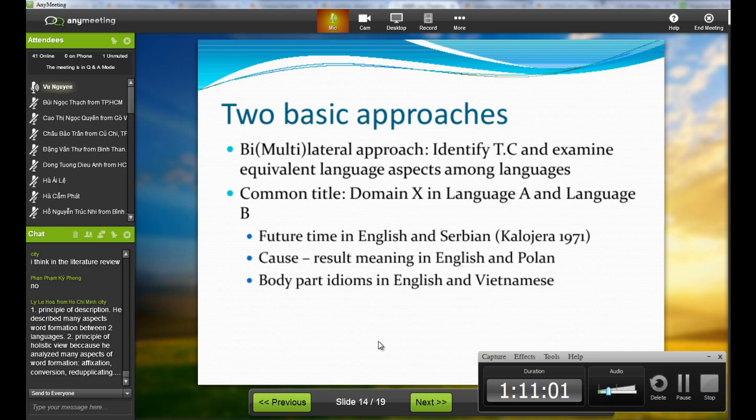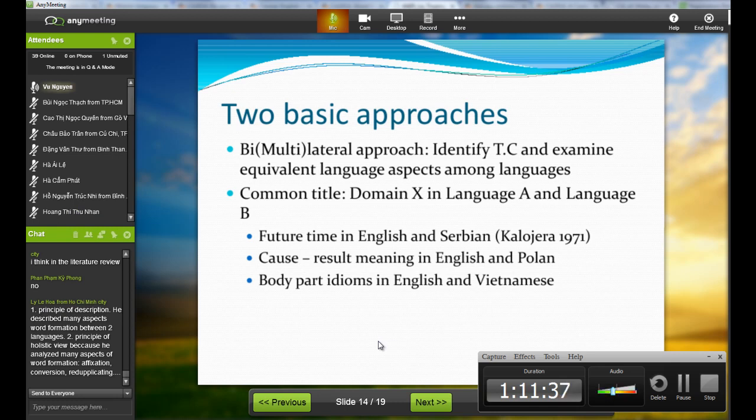The bilateral approach means that we first identify the TC and then examine the equivalent language aspect in the language pairs that we compare. A common title for this kind of approach is domain X in language A and language B. We have already looked at some of these titles in our last meeting.